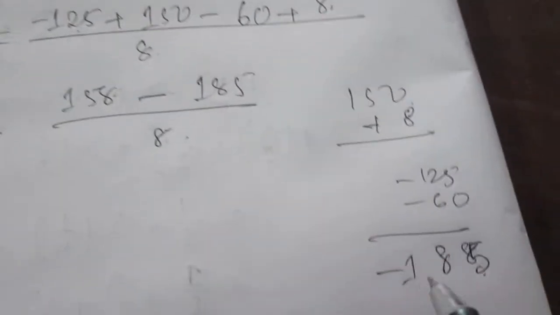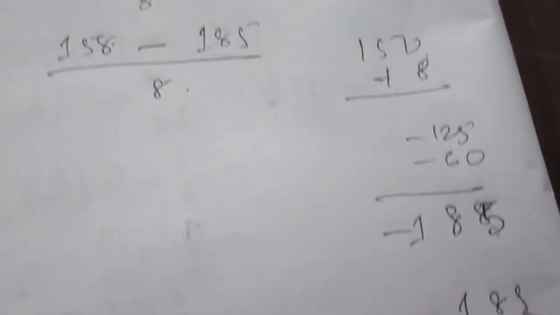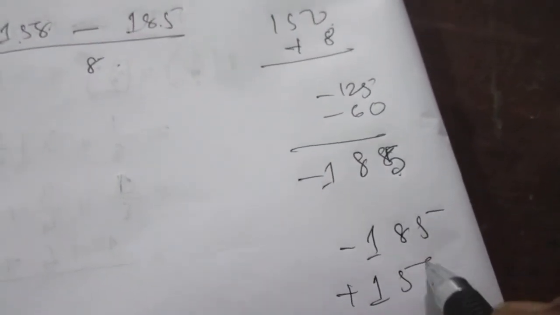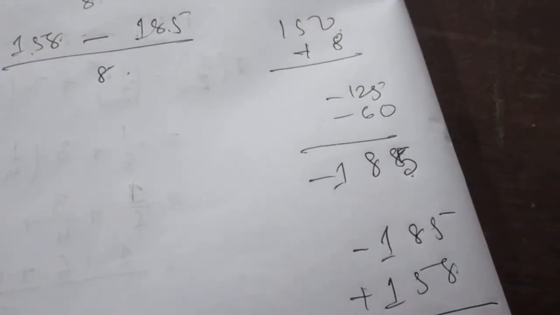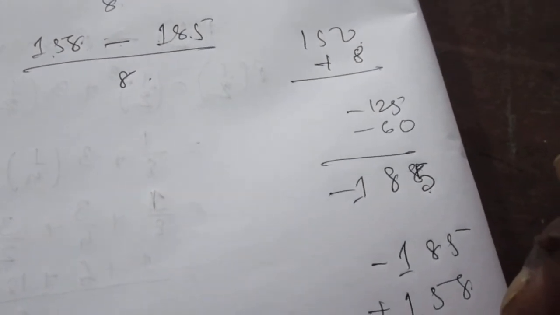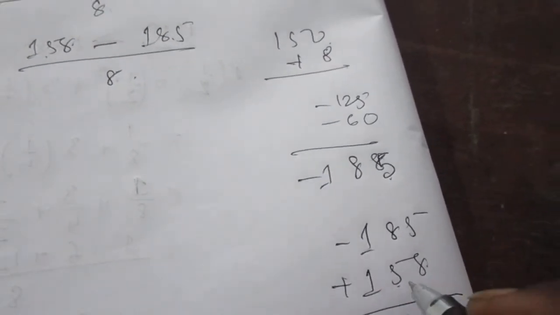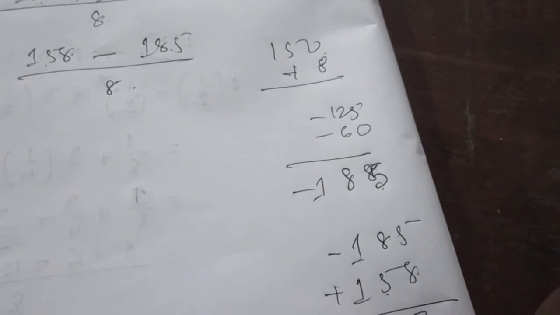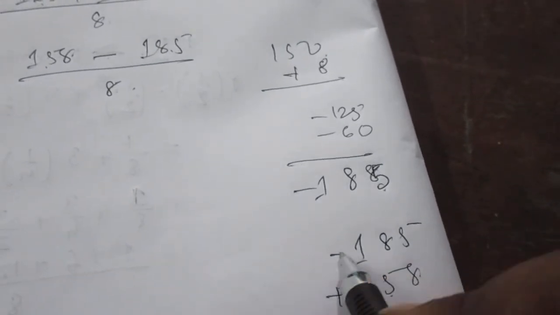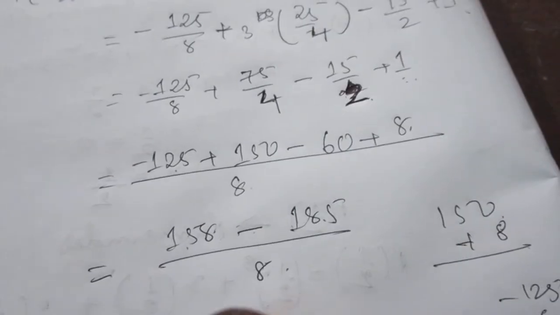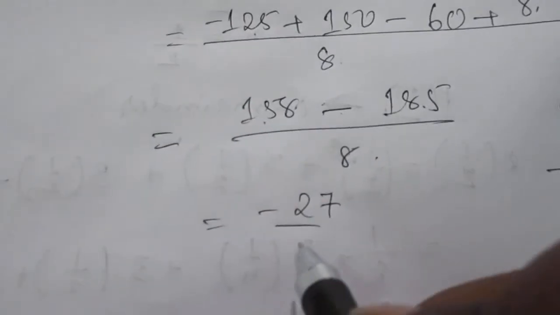Okay, now minus 185 plus 158, how much is that? 15 minus 8 is 7. 8 minus 5 and 1 was 6. 8 minus 6 is 2, so 27. So here the sign will be that of the greater one, minus 185. So minus 27 by 8.